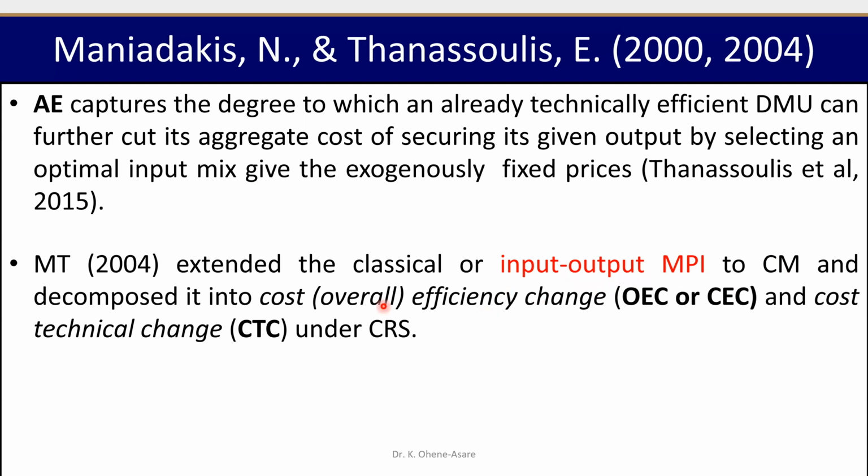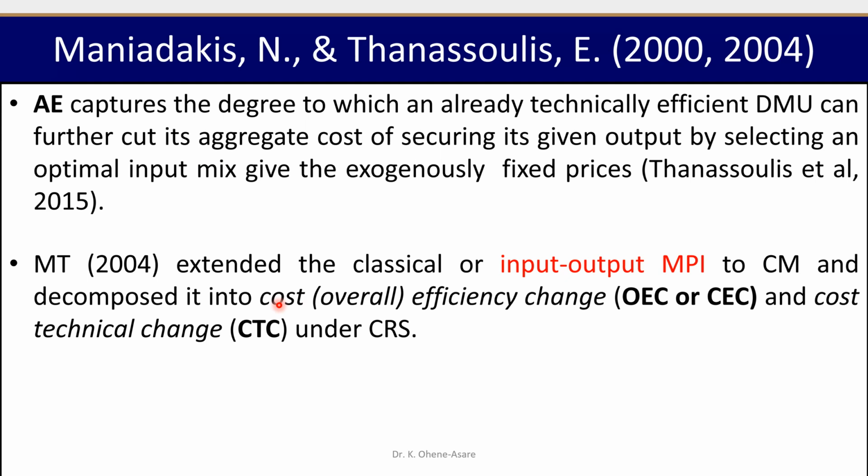With that productivity change, you can decompose it like the normal, classical Malmquist, into efficiency change and technological change. Here too, you can decompose it into cost efficiency change and cost technological change. So it's just a matter of bringing the cost under it.